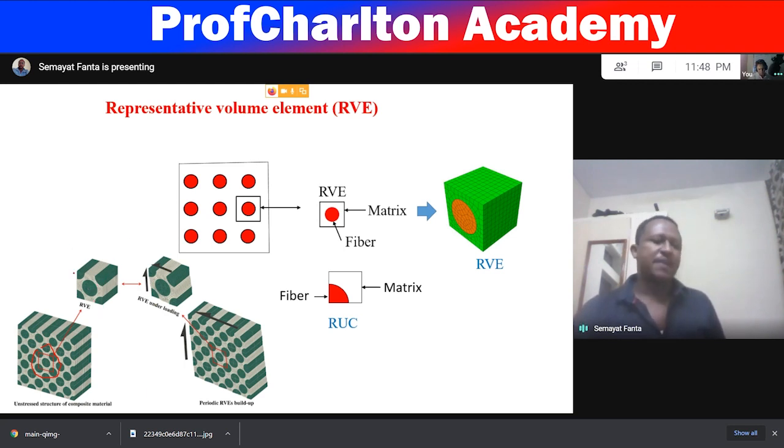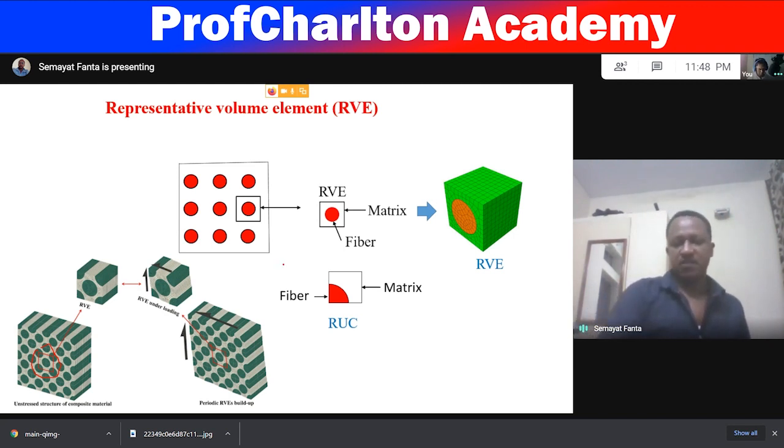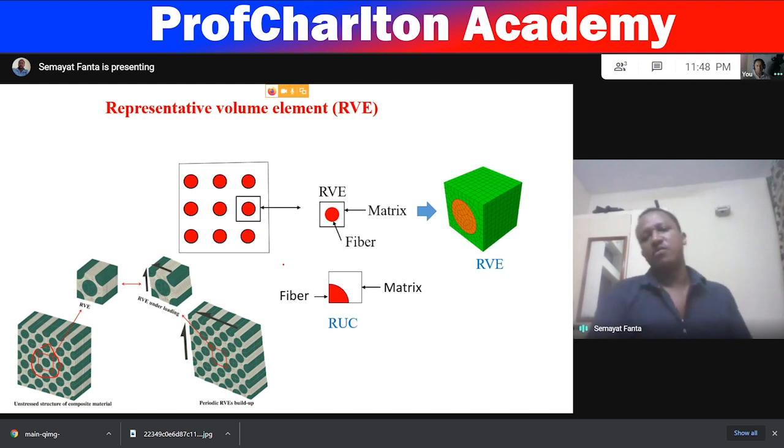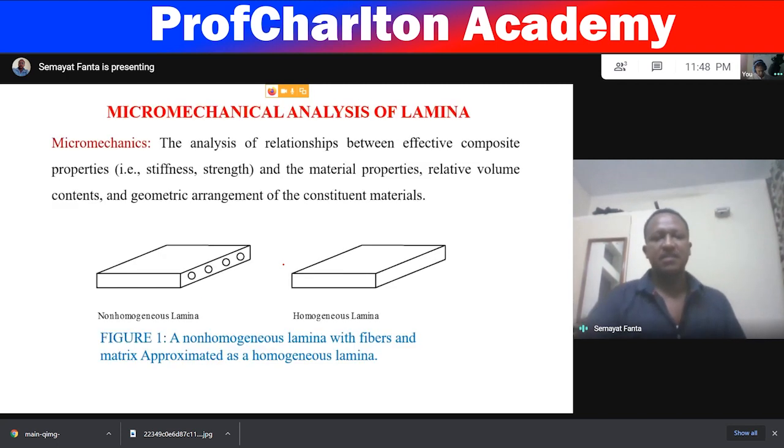And then this representative volume element is subjected to some loads in its actual performance. This is the meaning of the representative volume element, the smallest unit with which we can make an analysis for the whole structure.